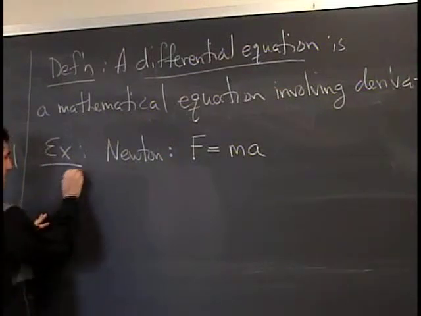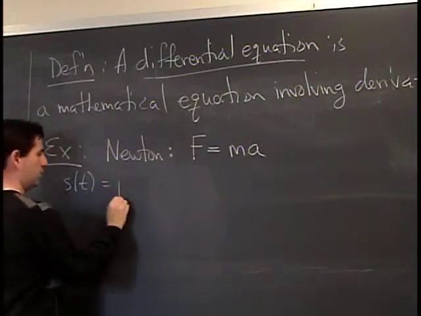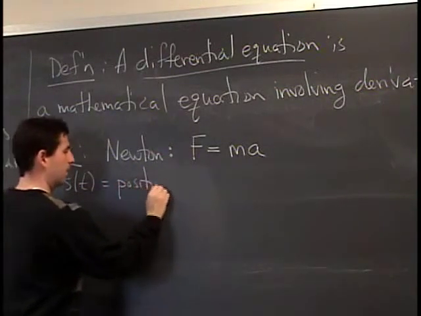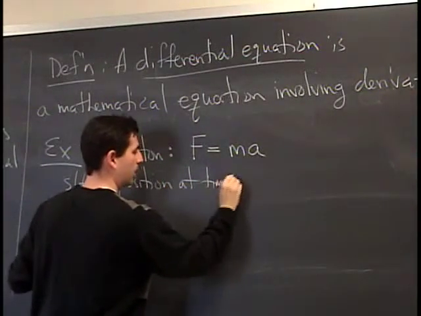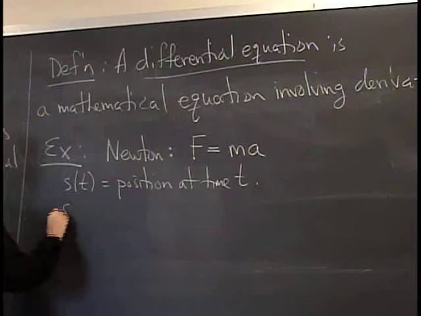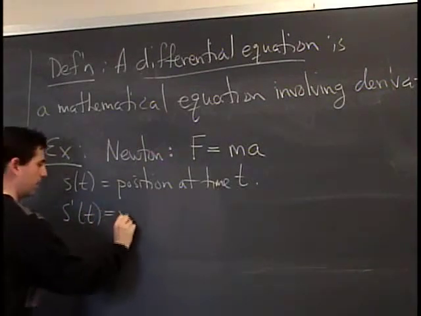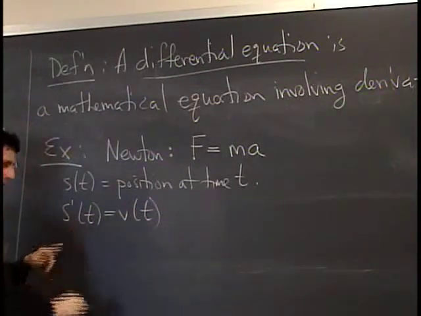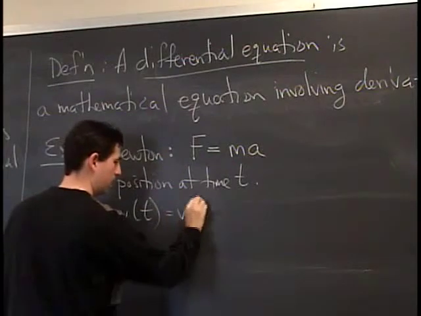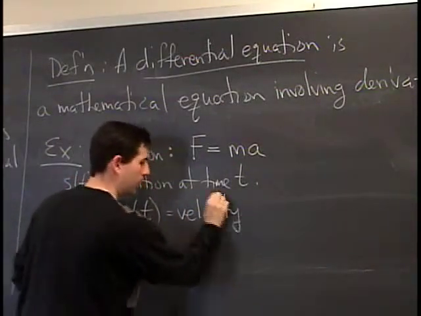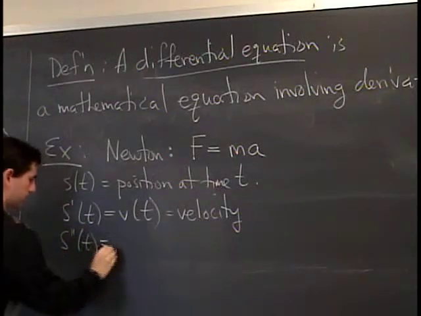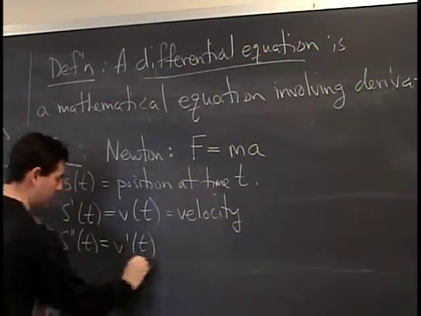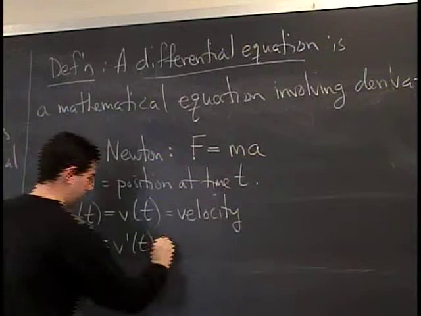So if you take position and you take the derivative, you get velocity. So if S of t equals position at time t, then the derivative was velocity at time t. And the second derivative, which is the derivative of velocity, the rate of change of velocity, is acceleration.